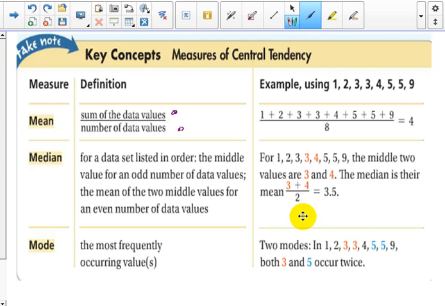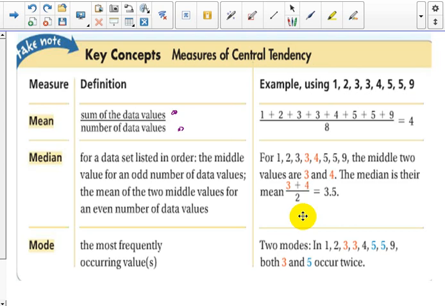So if I've got this data set, 1, 2, 3, 3, 4, 5, 5, 9, if that's my data set, then I'm going to add all of these together and divide it by the number of terms. So 1, 2, 3, 4, 5, 6, 7, 8. I've got 8 items here. So I'm going to sum 1 plus 2 plus 3 plus 3 plus 4 plus 5 plus 5 plus 9.